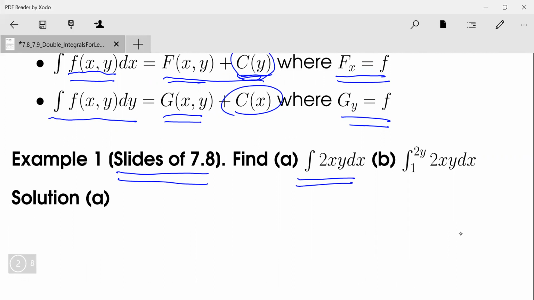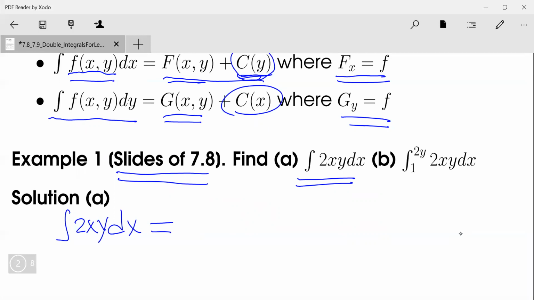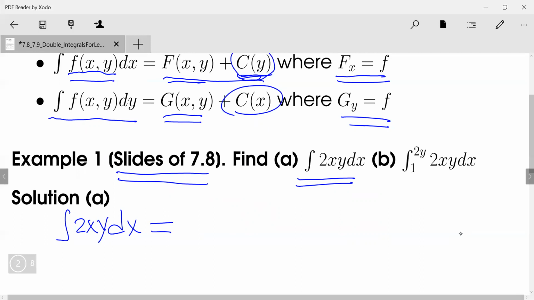Integral of 2xy dx. Since we integrate with respect to x, y is a constant. Therefore, we can pull out 2 and y, which is a constant factor, out of the integral.